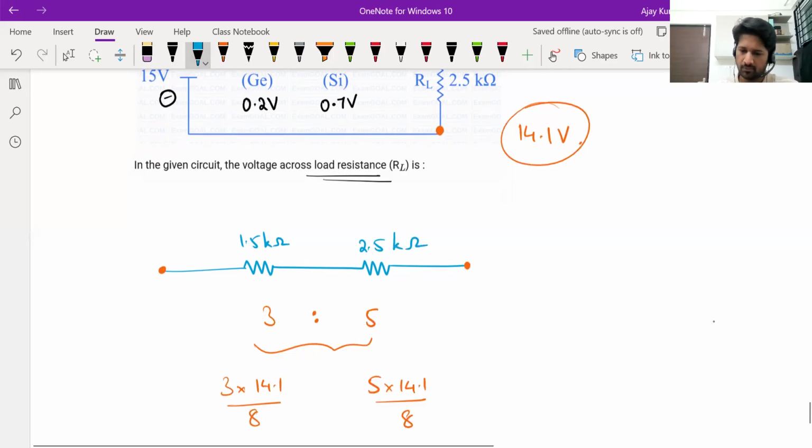And 5 into 14.1 divided by 8 is 8.8125 volts.